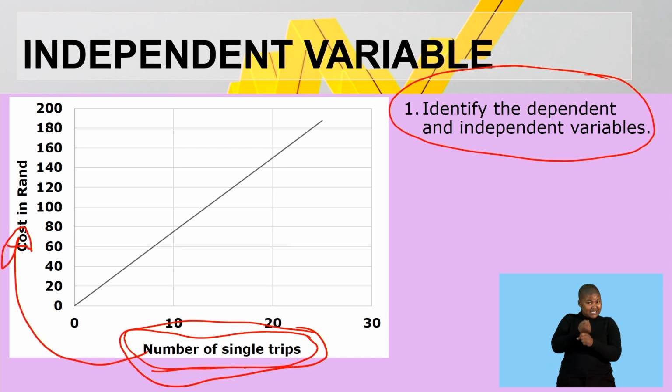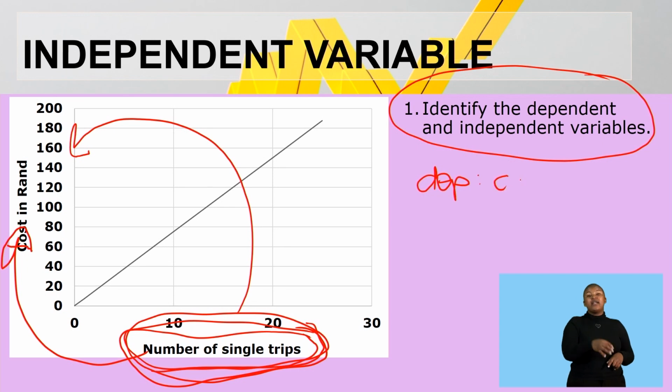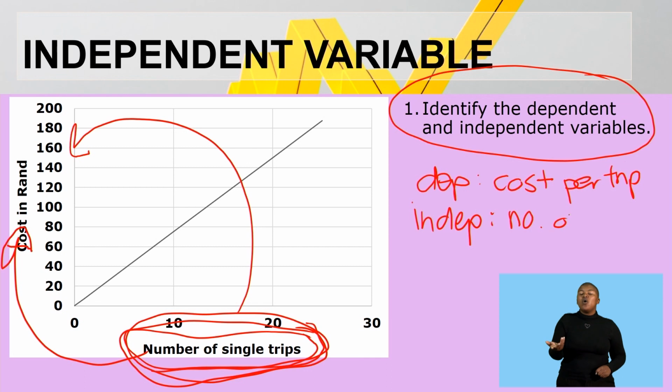So the number of trips is going to determine the price that you pay. So the dependent is going to be the cost per trip, and the independent is the number of single trips.